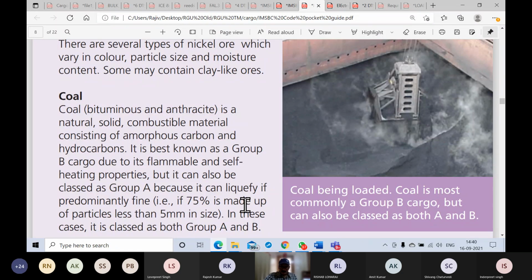Not all of them, some grades of coal. It is normally loaded as Group B cargo but can be classed both as Group A and Group B because some of the varieties or variants of coal are prone to liquefaction. Now, this is a cargo which is both prone to liquefaction and self-heating, making it even more dangerous.